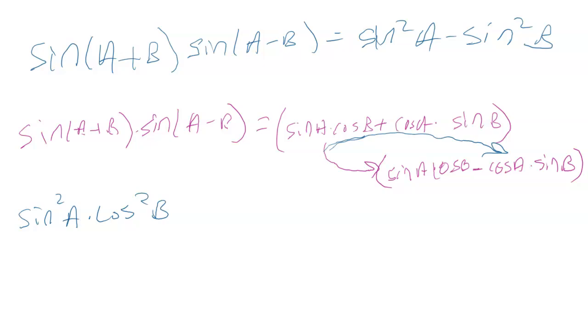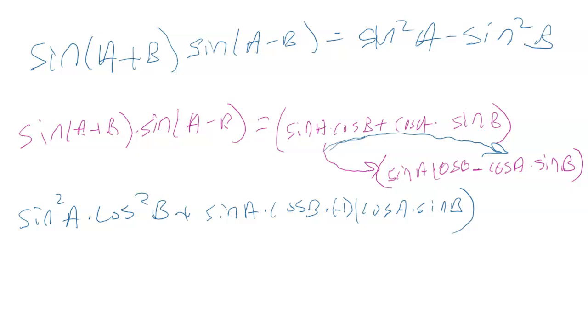That is a pain. So that's going to turn into plus sine A times cosine B times negative cosine A times sine B. I think the middle terms are going to cancel out. Pretty sure.